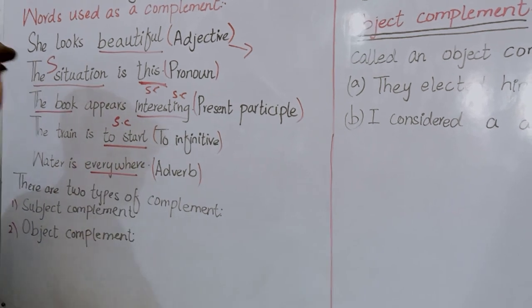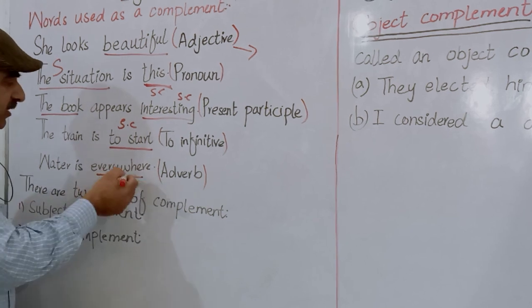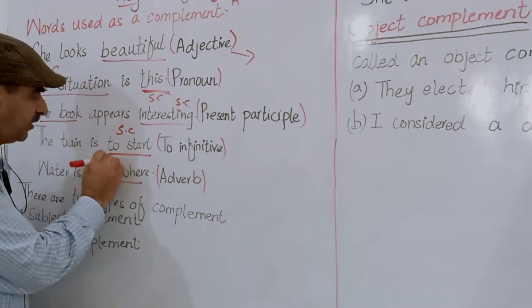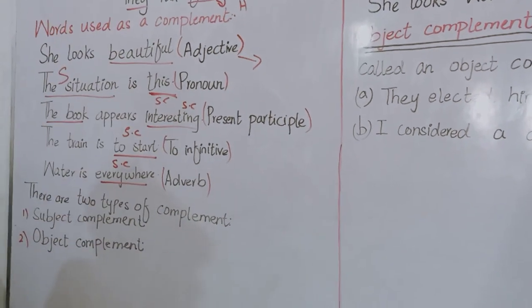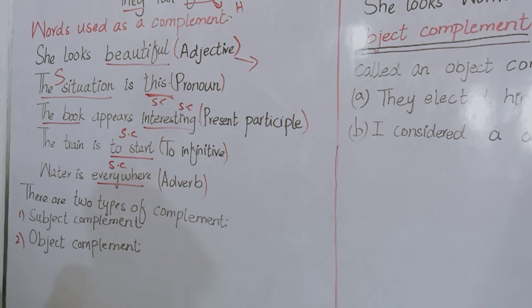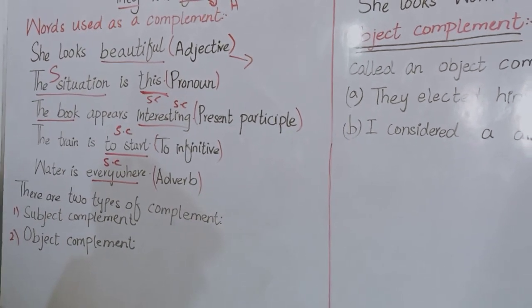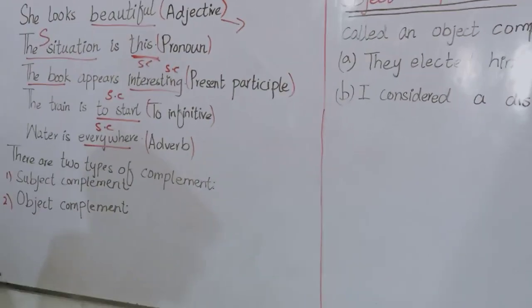Adverb. Everywhere shows a place. It means the subject is completed by an adverb. So the subject may be completed by any of these parts of speech. That will be called a subject complement.